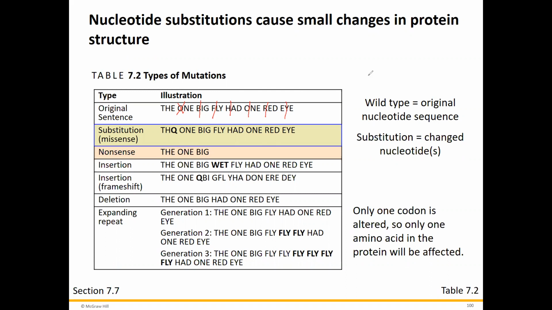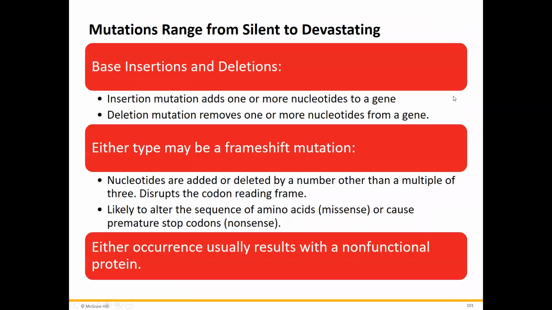So let's look at what else it says on the next page. Nucleotides can be added or deleted, and if they are done 1 or 2 at a time, it will devastate the reading frame. But if you use multiples of 3, like a codon, you can add a whole entire codon, which may add an amino acid, and that effect may not be nearly as devastating.